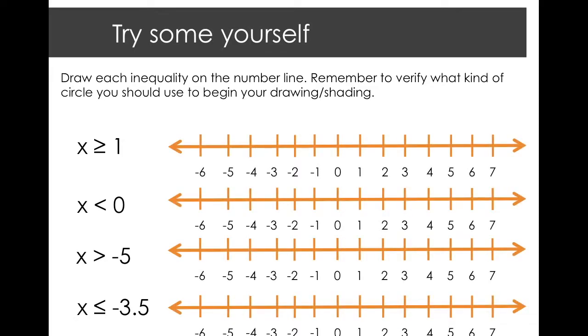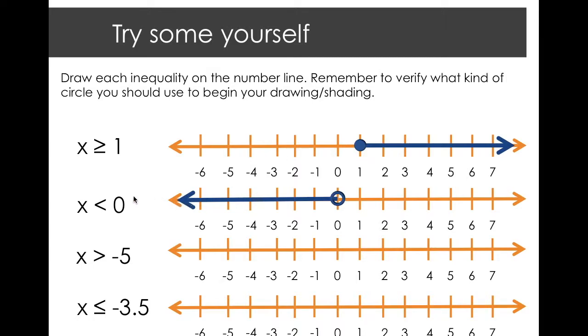Here are the number lines for you to use to start drawing them. For the first one, our 1 is included, so our dot is going to be closed at the 1. And I know that it has to be greater than 1, so my arrow is going to be pointing to the right. In the second one, my 0 is not included, so it's going to be an open dot, and our arrow is less than, so it's going to be pointing towards the left.